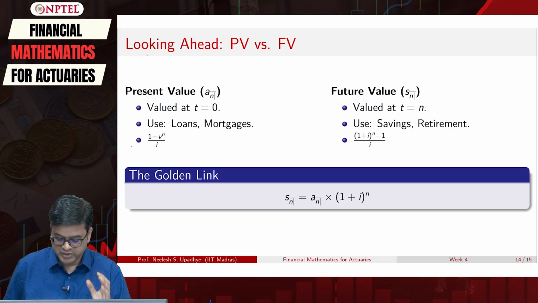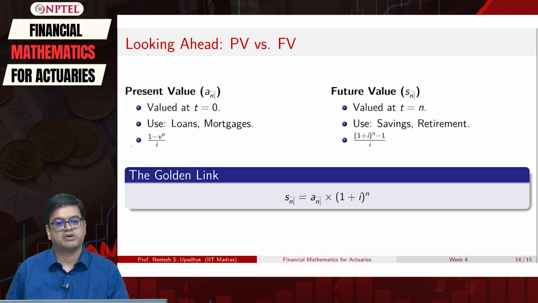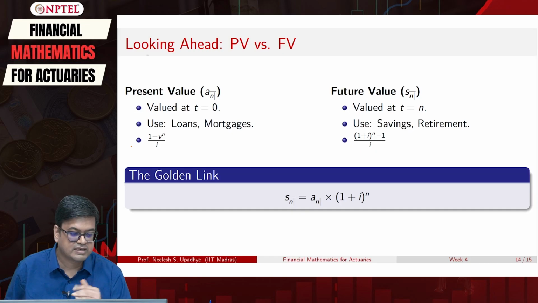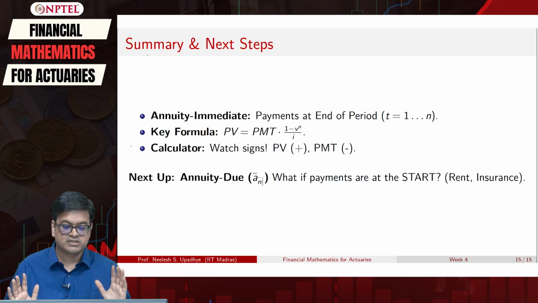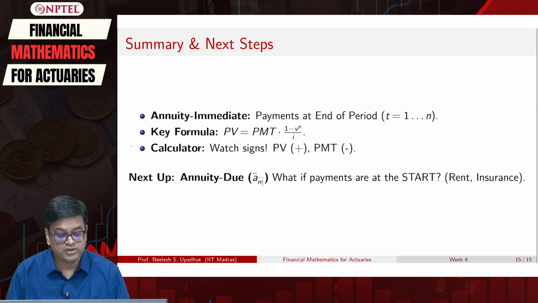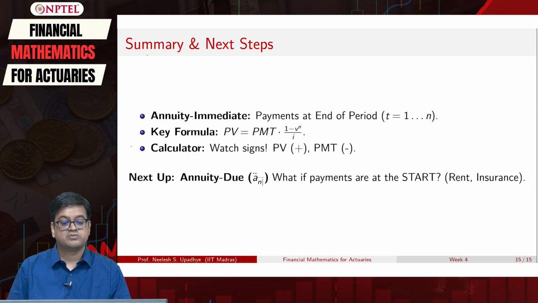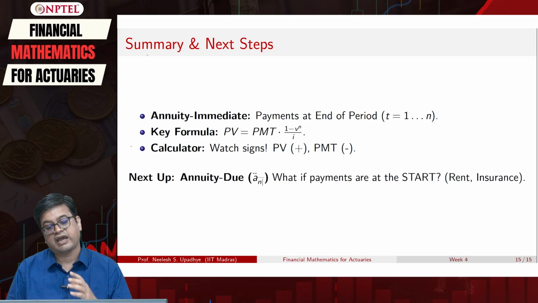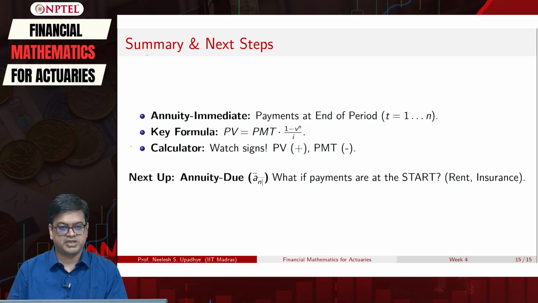It's time to summarize what we have done today. First, we understood what an annuity immediate is. Payments are made at the end of each period, so t is equal to 1, 2 and so on up to n.